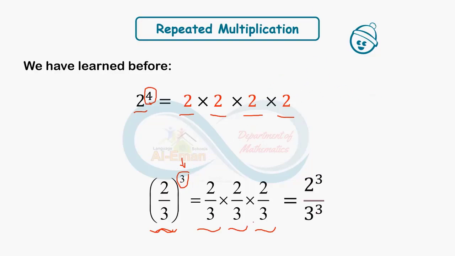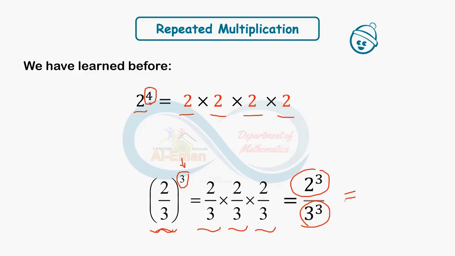And we can reduce it by multiplying all the numerators by each other: 2 times 2 times 2 gives 2 to the power 3, and 3 times 3 times 3 equals 3 to the power 3.